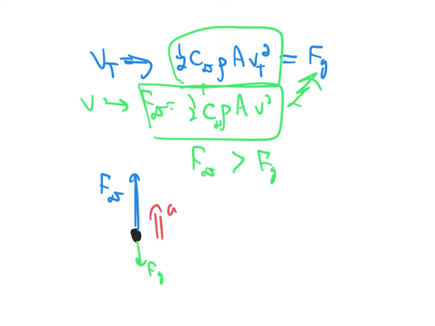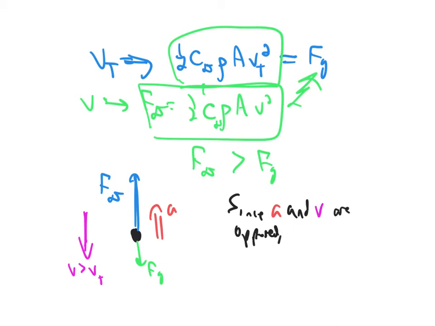So even though the object is moving this way at a V greater than terminal V, we still have that the acceleration is against that, which means, of course, that since A and V are opposed, the object gets slower. Instead of getting faster, the object gets slower because the acceleration opposes the velocity.